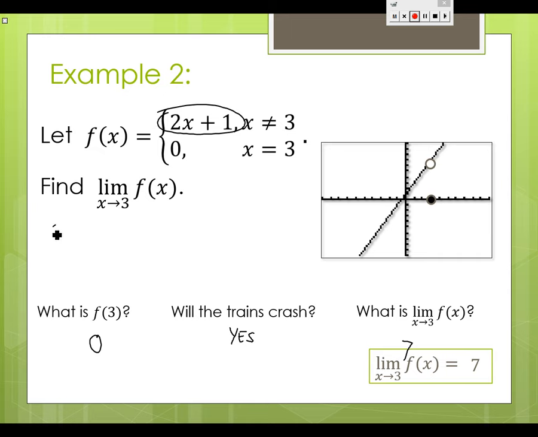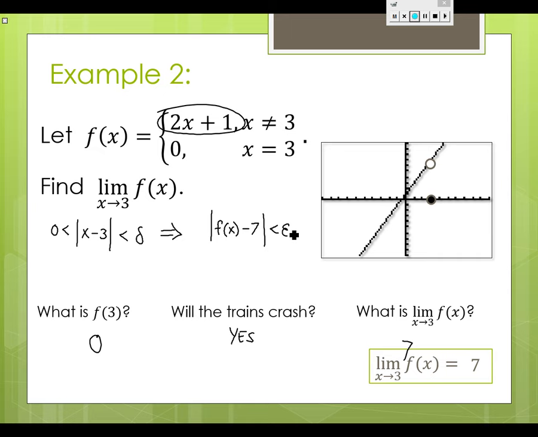I need to show that 0 is less than the absolute value of x minus 3, which is less than some delta. And I need to show that that implies somehow that the absolute value of f of x minus 7 is less than epsilon, right?